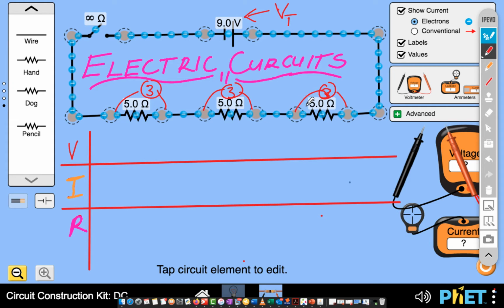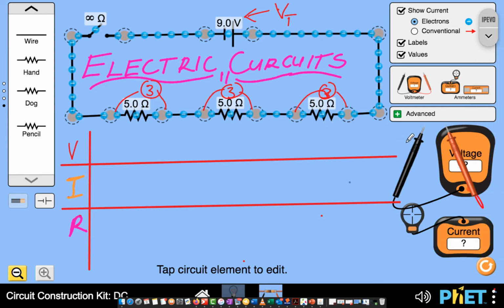We can actually confirm this using our voltmeter here. If we connect our voltmeter here, we can measure the voltage. But before we do that, you can see the switch is open, and if we measure the potential difference across those resistors, it is going to be initially 0 because there is no current flowing through the circuit, since it's an open circuit.